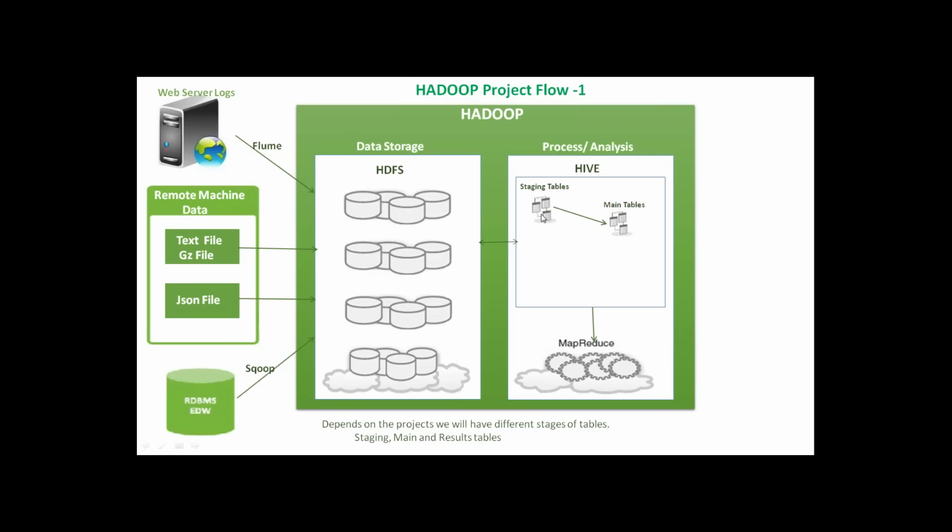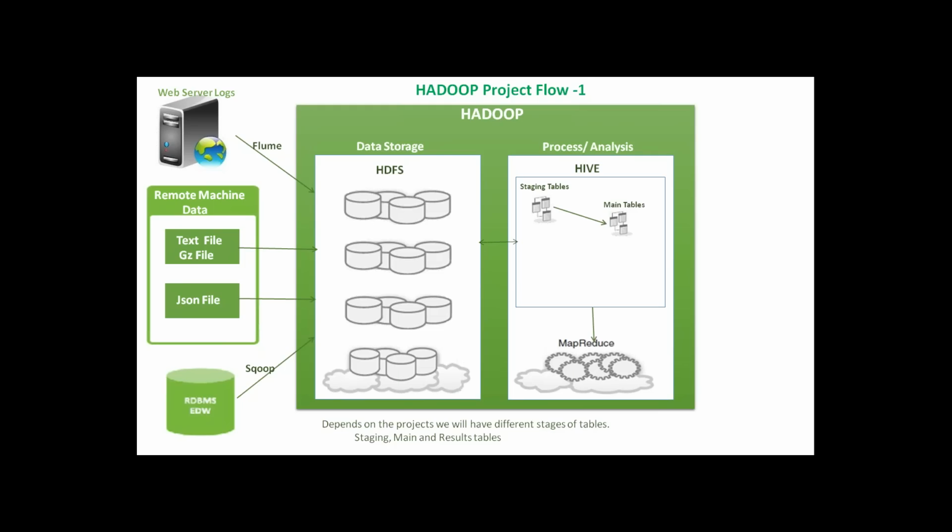From that, whatever fields we need, we load into the main table. The staging table is like a SerDe table, so every time you write queries it takes time. So we use it just for extracting the fields, and copy the needed fields to the main table. The main table will have comma separated data, so whenever we write a query, it directly fetches the data. Like that, we maintain staging and main tables.